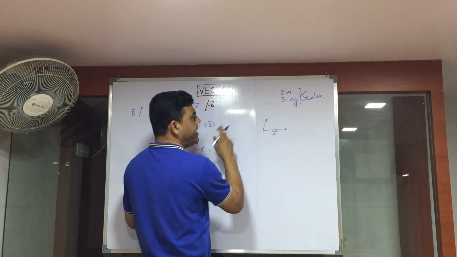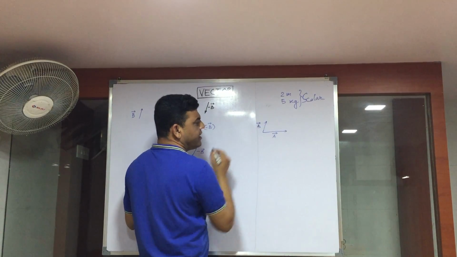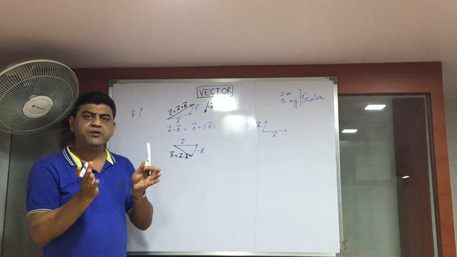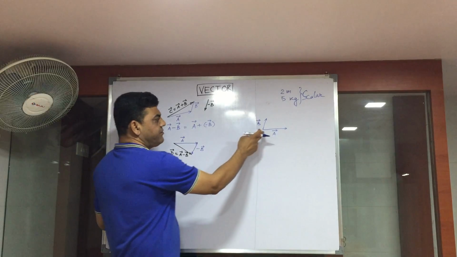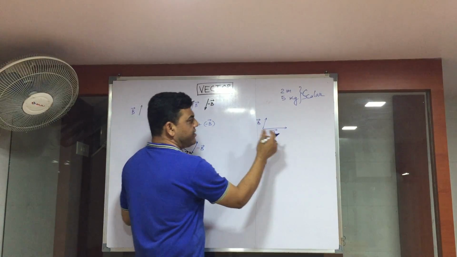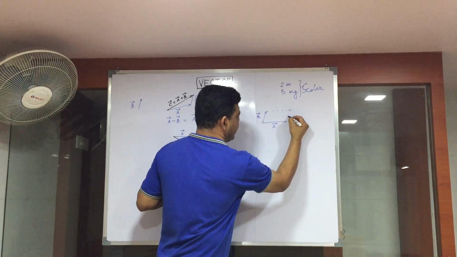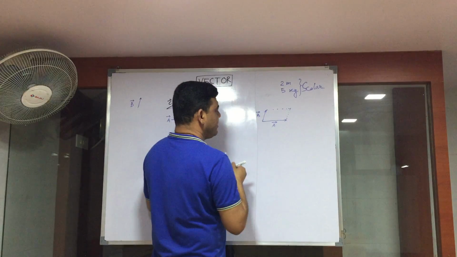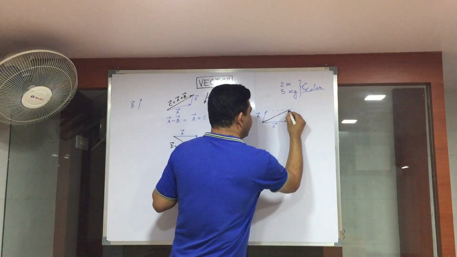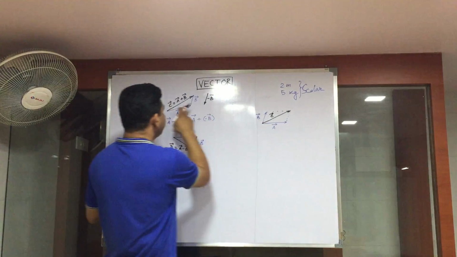Earlier we were matching head with tail, now they are matched tail to tail. That means they form two adjacent sides of our parallelogram. When we have these two vectors like that, we need to complete the parallelogram. So I am just drawing hatch lines to get this, adding them. So that is your vector C, which we have done here.